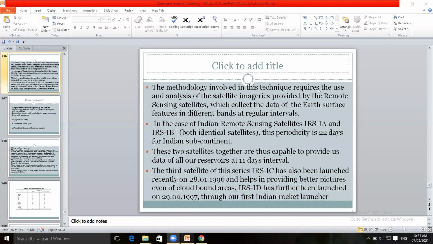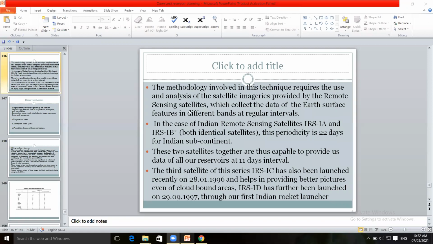So this technique requires the use and analysis of satellite imagery provided by the remote sensing satellites. In this technique, the satellites collect data of the Earth's surface features in different bands at regular intervals.